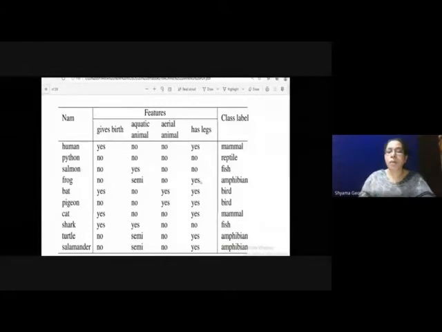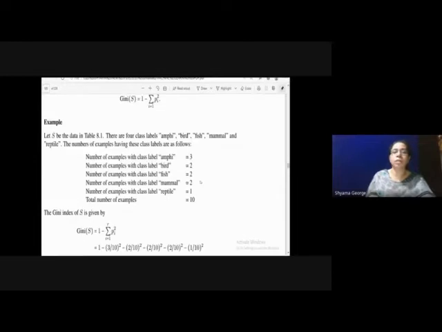When you take mammal, there are two records with class label mammal. Reptile, there is only one record. Bird, 2. Amphibian, 3. Fish, 2. So this is the distribution of the various samples.